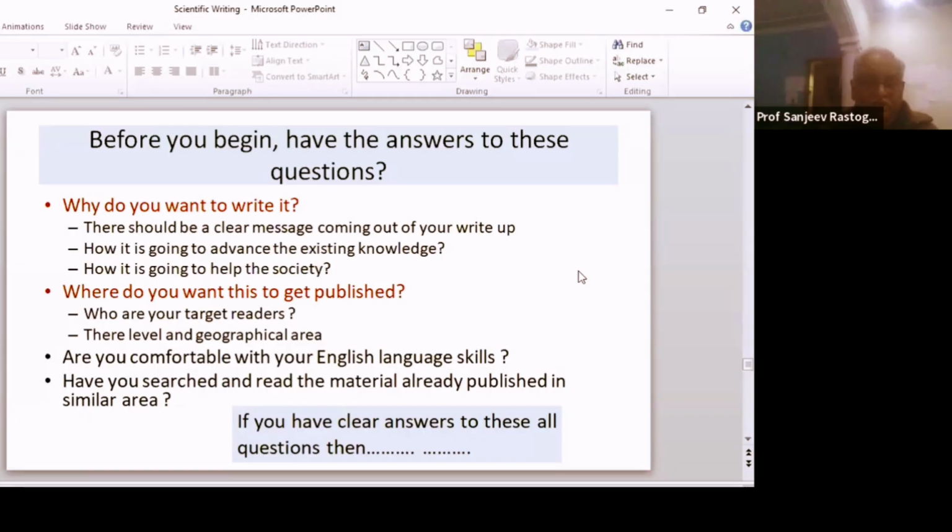Because whenever you are writing something, you need to see what has already been done in that particular area till date. If you are publishing a research in 2025, you need to see what all has been done in this particular area till 2024. So, you need to have a very nice review, which is going to add to the credentials and to the quality of your manuscript.